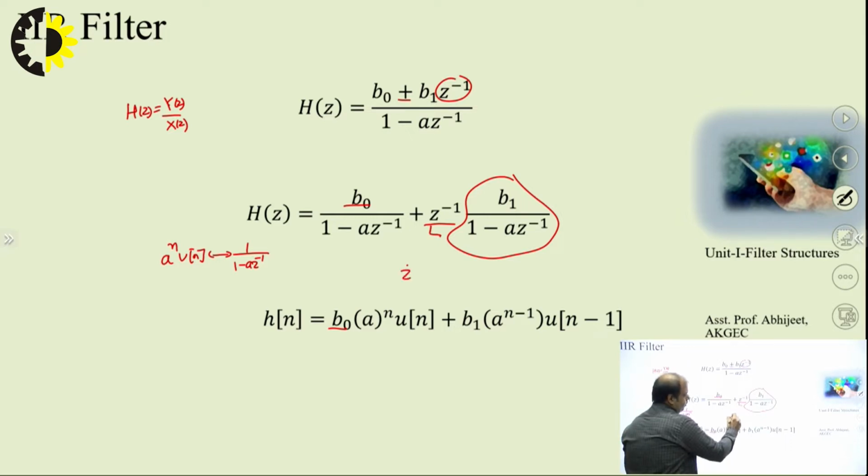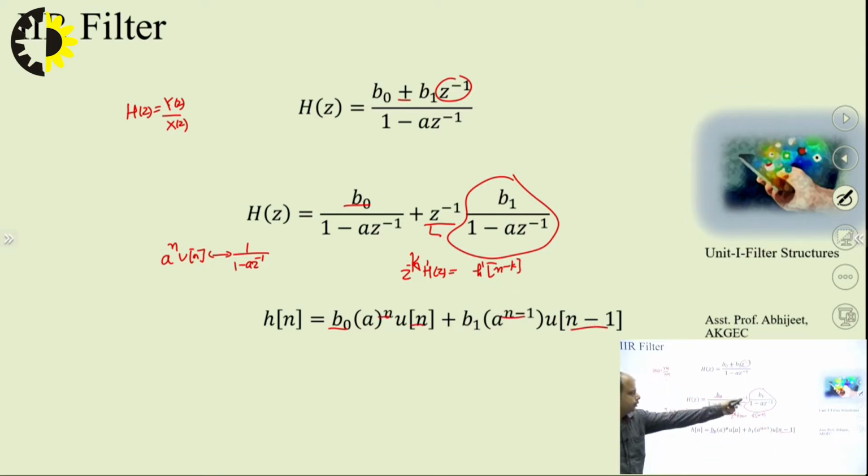If z raised to the power minus k is multiplied by any transfer function, then we have h dash of n minus k. This means that if there is z inverse, n will be replaced by n minus 1. So, here also there is n, so it will become n minus 1 and n minus 1, and the coefficient b1 comes.